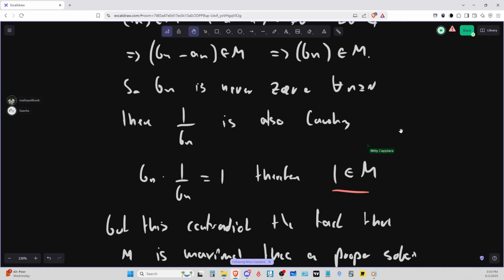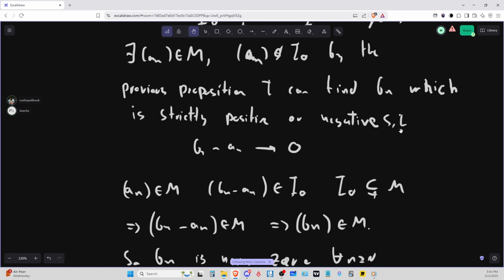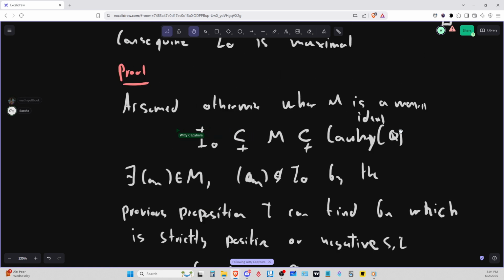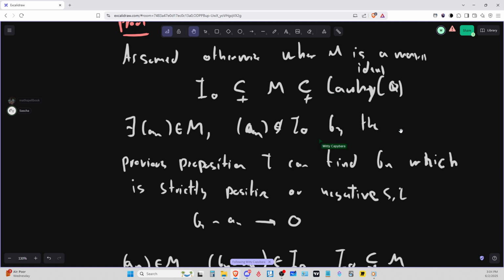So this is proof by contradiction mainly. I started the proof by assuming otherwise: assume that I0 is contained in some proper ideal, and then I derive a contradiction that M was not proper.